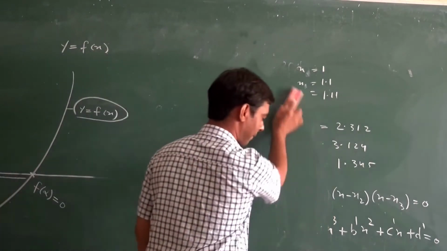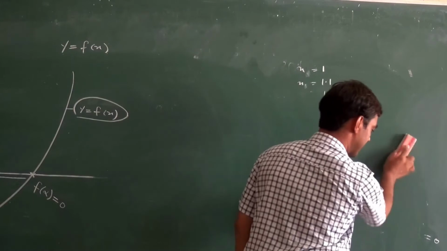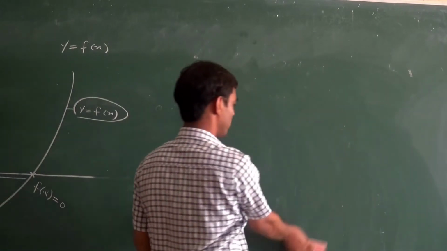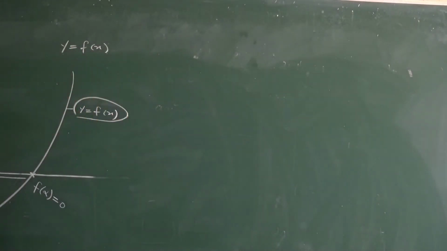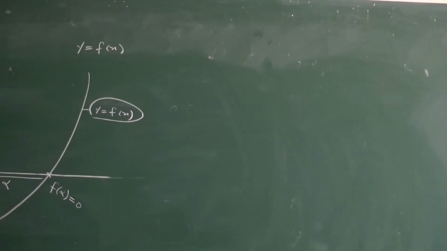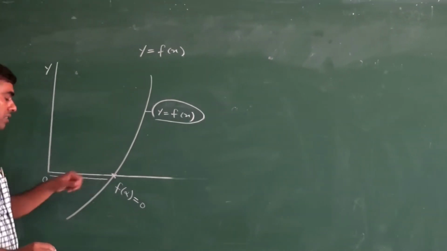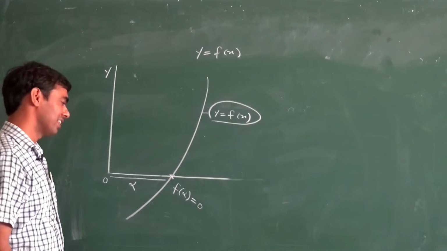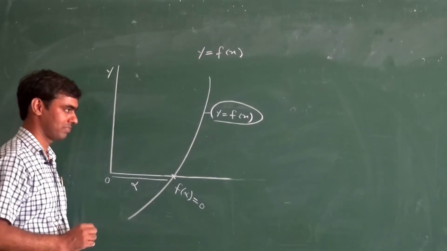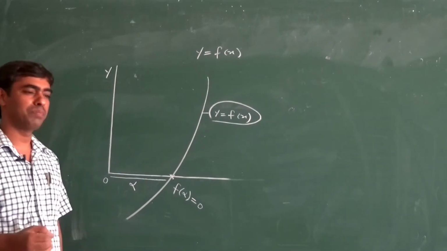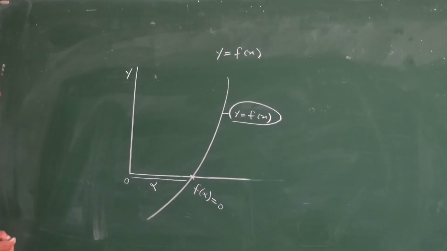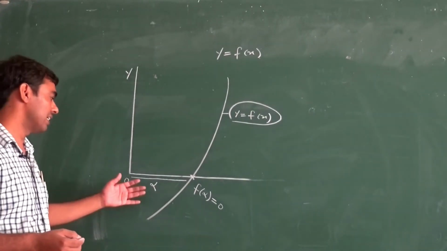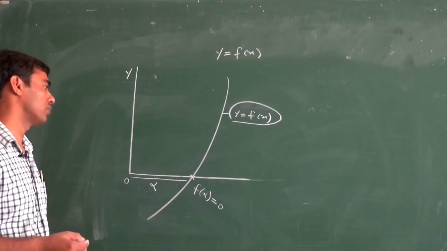Now, if we try to categorize the numerical methods, what is our aim? Our aim is to find this point. Now, how do we find this point? What is the mathematical, or technical, definition? How do we find this point?